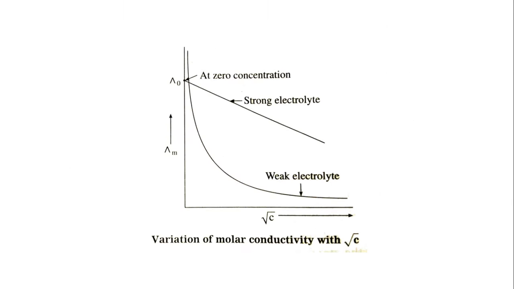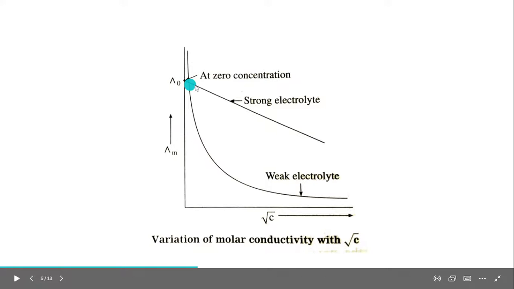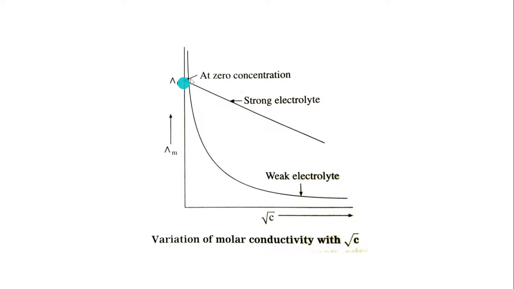So this is the graph that shows it. As you can see here, the weak electrolyte curve moves from upward to lower, but here the value at zero concentration is the highest. For the strong electrolyte, the higher value is the limiting molar conductivity, Λ naught, at zero concentration.